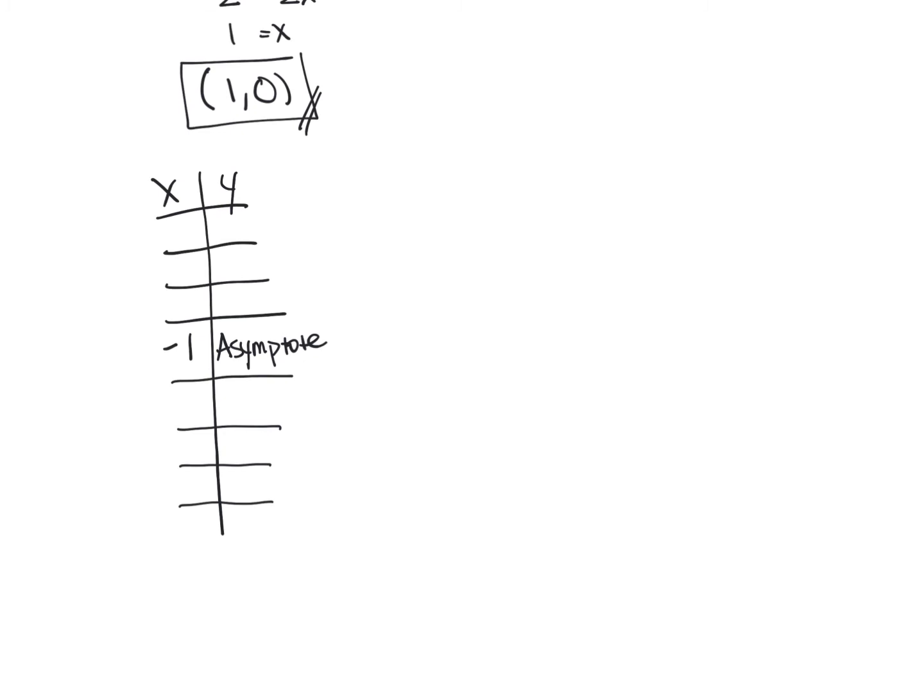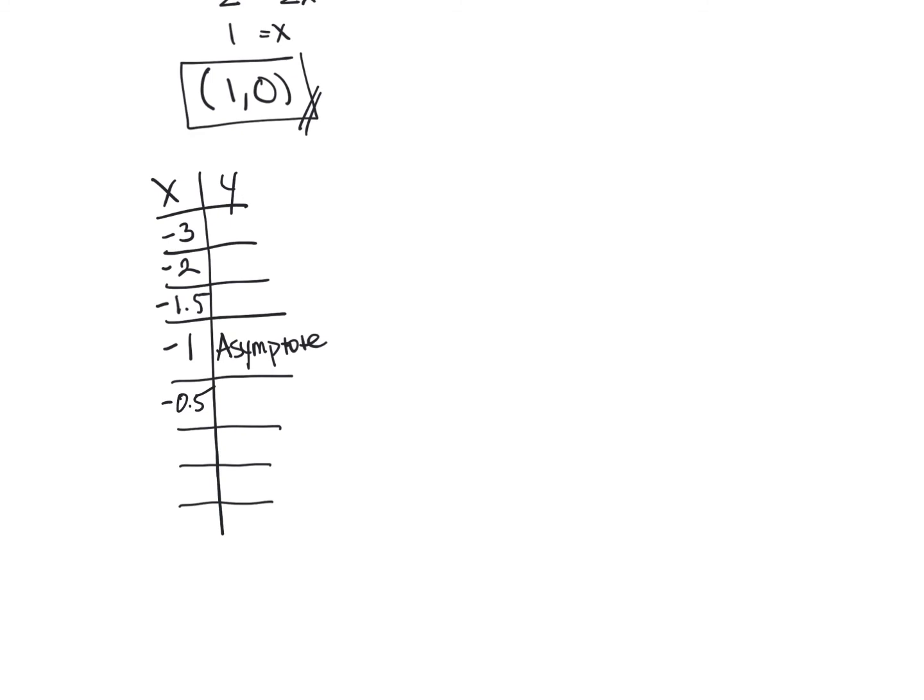From our vertical asymptote of -1, we're going to count backwards half a step, and then we'll go back full steps. So going backwards half a step is going to be at -1.5, and then going backwards to whole numbers, we'll have -2 and -3. And then moving forward from -1 half a step, we'll have -0.5, or -1/2.